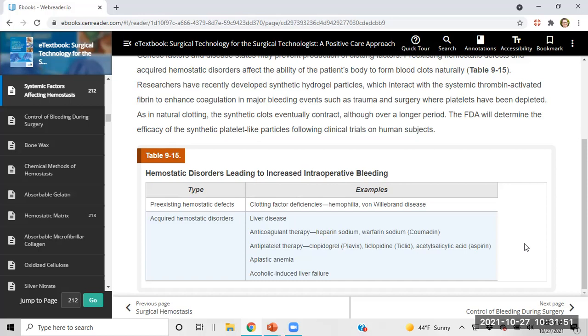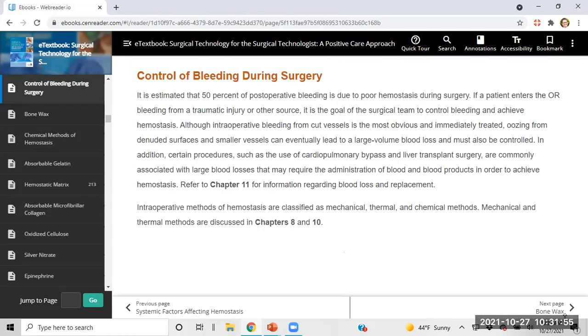Aplastic anemia, alcohol-induced liver failure. Those are all things that are pre-existing that you're going to learn about in your timeout situation, so you'll know if you need to be on higher alert for possible bleeding.